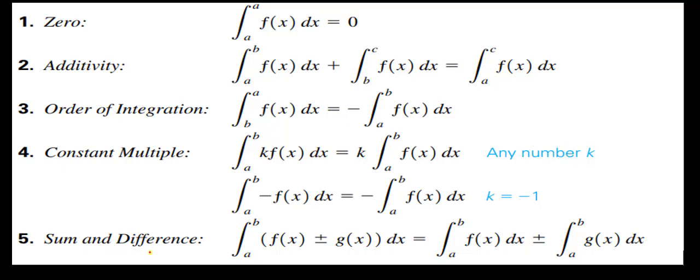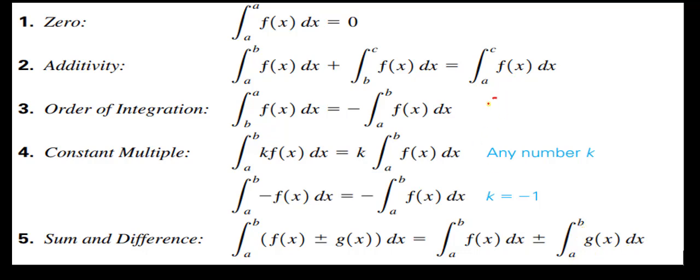And finally, we have sum and difference. Let's say you have the integral of f of x plus or minus g of x dx. These are two different functions, from a to b. That will equal the integral of f of x dx from a to b plus or minus the integral of g of x dx from a to b.